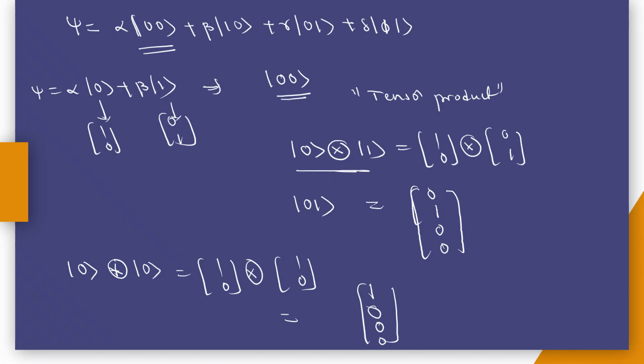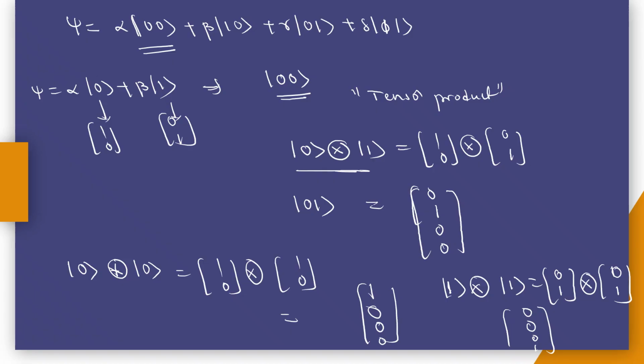Similarly, if you want state 1 tensor product with another state 1, I need to take 0 1 tensor product with 0 1, which gives 0 0 0 1.